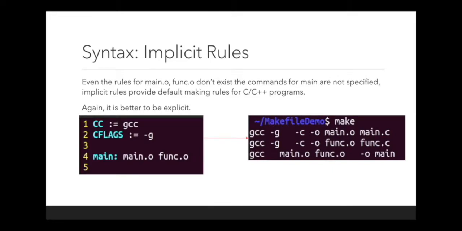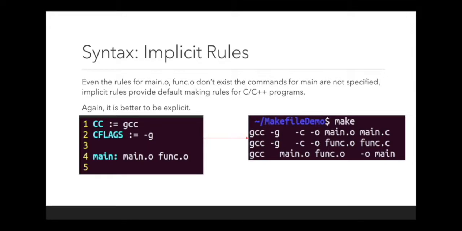Even if the rules for main.o, func.o don't exist, and the commands for main are not specified, these implicit rules provide default making rules for C, C++ programs. You can see the left image.